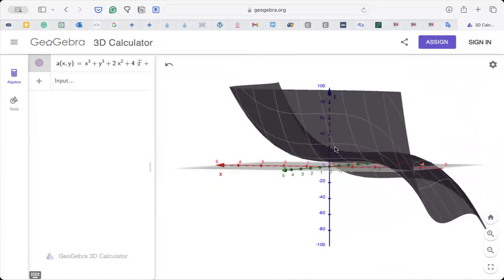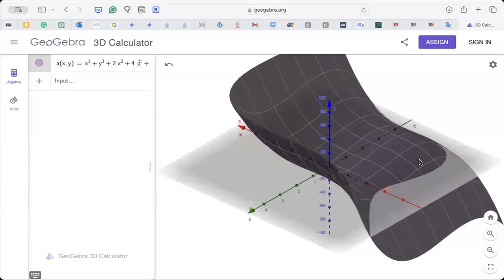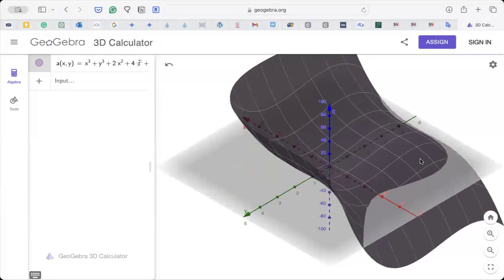And the other point, the maximum point, should be around here, which is minus and minus, right?